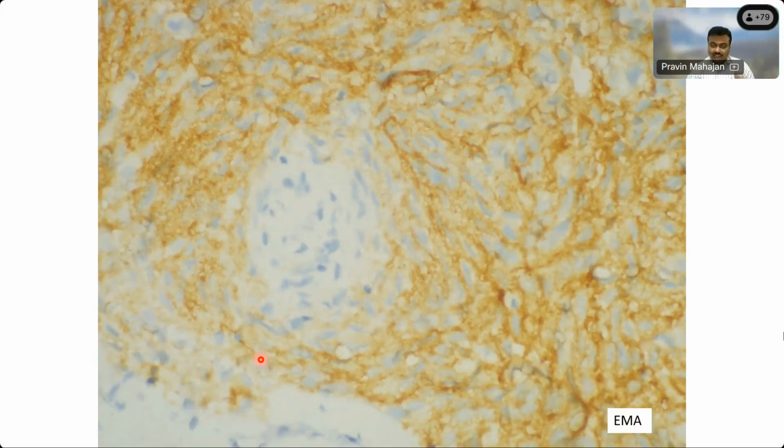Less likely, because most often you have to have CK also. So just remember, EMA can be positive in so many tumors, but CK comes mostly in few of the tumors. So in a given situation, EMA without CK is less likely epithelial.